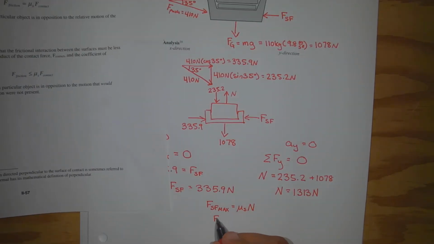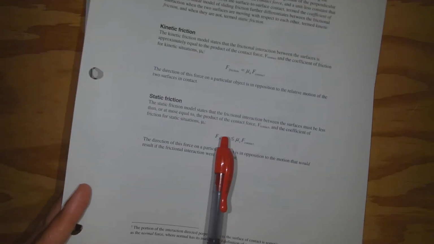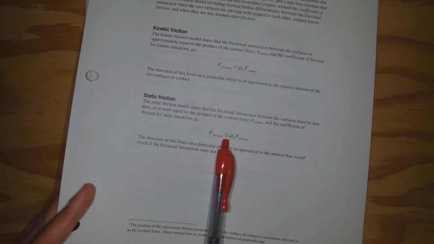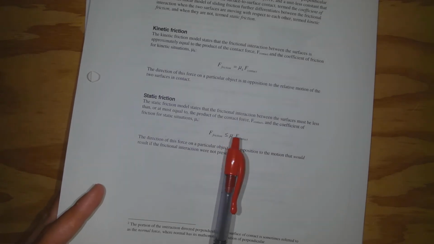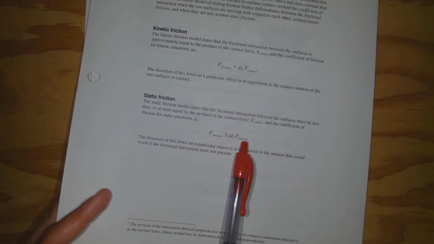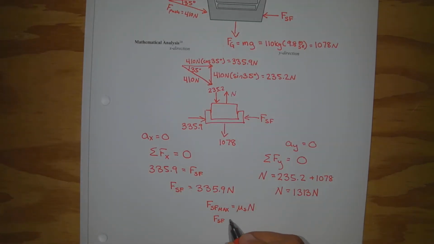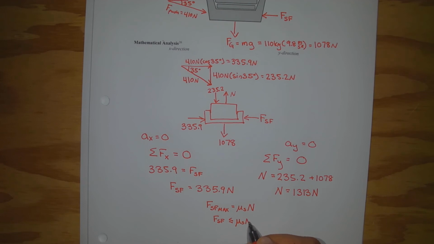Or you can take what we have here and say this force of friction, that would be static friction, must be less than or equal to the coefficient of static friction. This force of contact here, that is the normal force. So that would be less than or equal to the coefficient of static friction times the normal force.